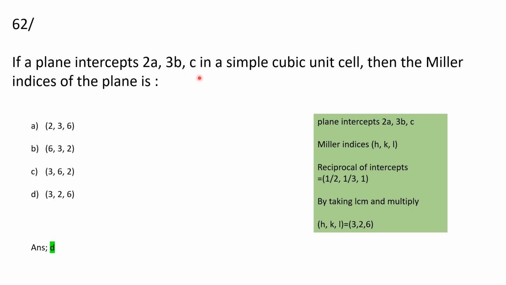We have to find the Miller indices, HKL. First we calculate the reciprocal of the intercepts, which come out to be 1 by 2, 1 by 3 and 1, and then by taking the LCM and multiplying, we find HKL as 3, 2 and 6. So the Miller indices are 3 2 6, and option D is the correct answer.